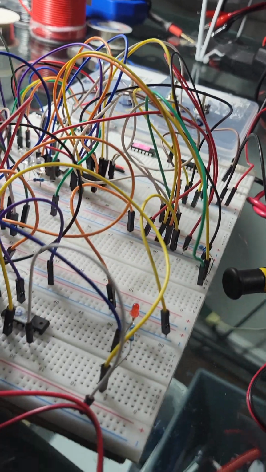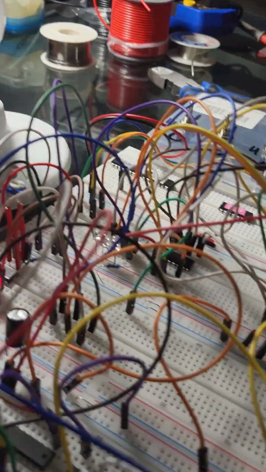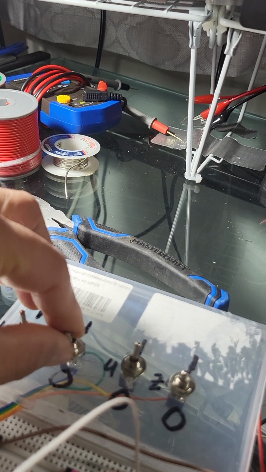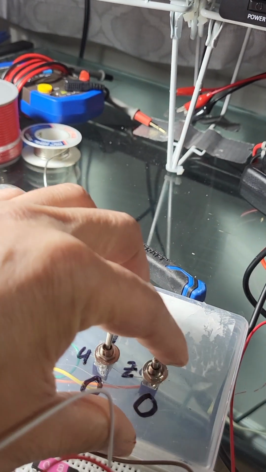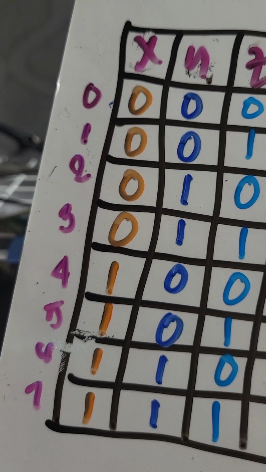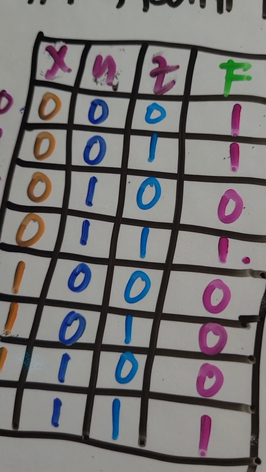Look at that, our bulb turned off. So this is 0, 1, 0, the number 2, with 0 output.